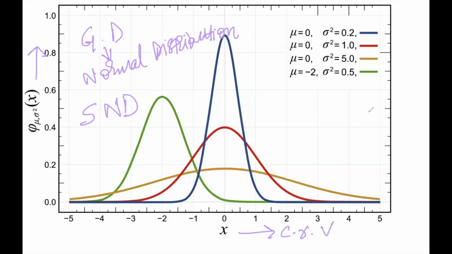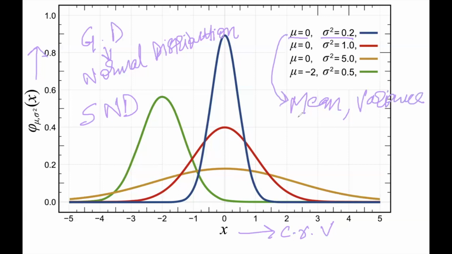If you look at the top right corner here, you have a very nice legend which shows you two values, mu and sigma square. So let's take the blue curve first. So I am considering this blue curve here. If you consider this blue curve, we know that we have already learned the concepts called mean and variance.